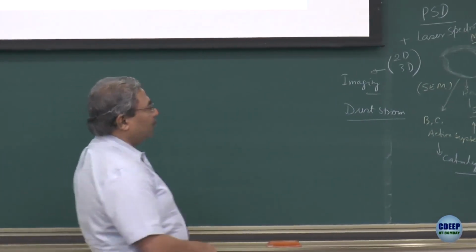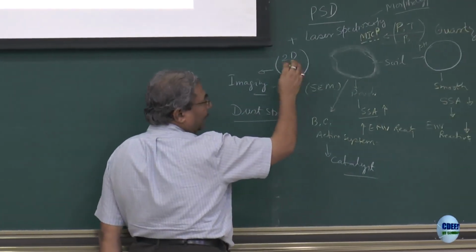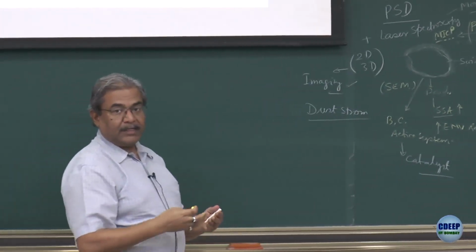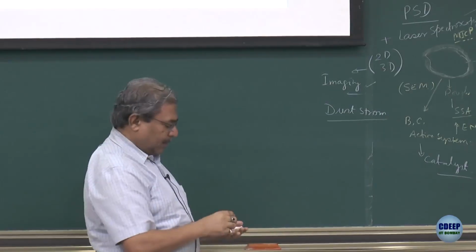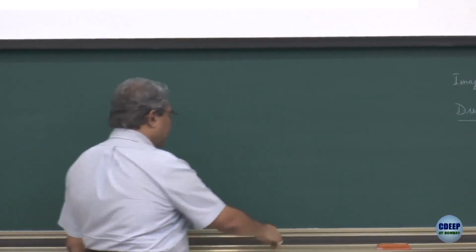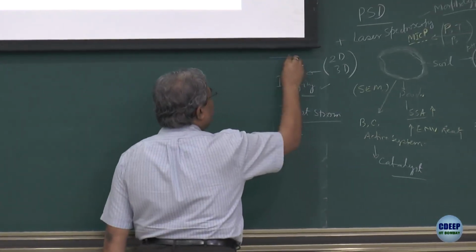Fine. So, we do 2D, 3D imaging to understand what is the particle size, shape, its morphology and so on. And ultimately, where do you use this concept? You can use this concept in defining whether the sands will liquefy or not.